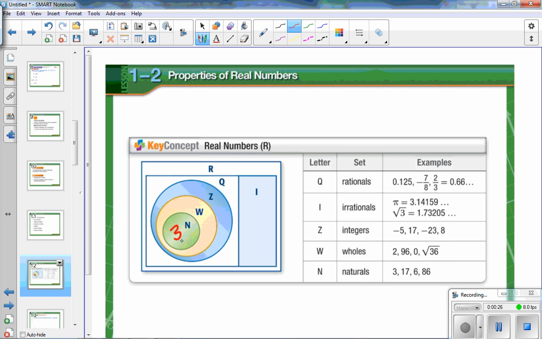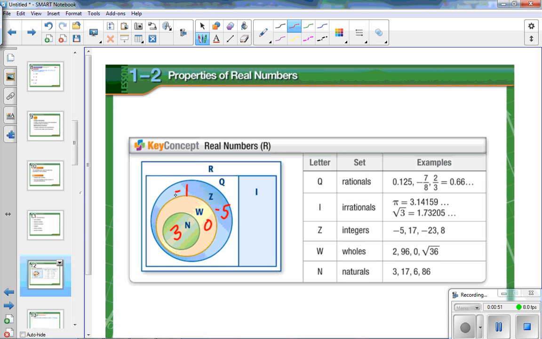Because it's a natural number, it's also whole, integer, rational, and real. So you would list all of those things if you were asked to classify the number 3. The number 0 is actually the only number that's a whole number, but not a counting number. If you had, say, -5, that is an integer. -1 is an integer.